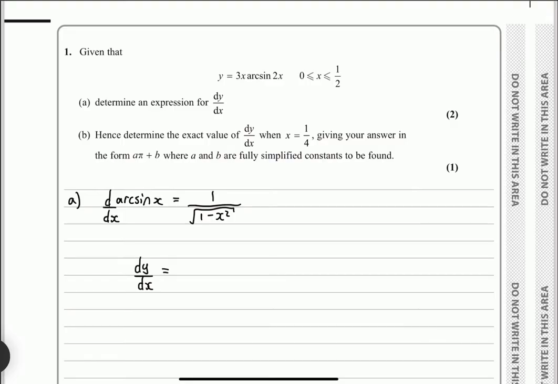differentiating 3x first using the product rule here, we get 3 times the arcsine of 2x plus, leaving the 3x alone, differentiating the arcsine 2x, we get 1 over the square root of 1 minus x squared, but it's not x now, it's 2x.